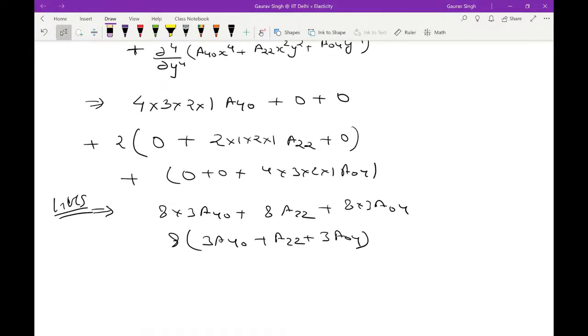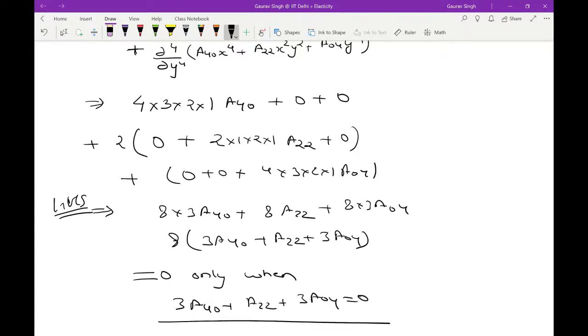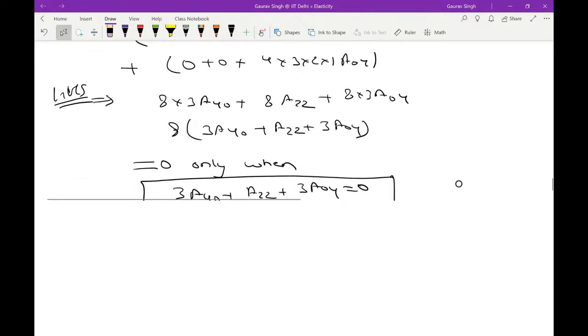Now the left hand side is equal to 0 only when 3A40 plus A22 plus 3A04 is equal to 0. If it is not equal to 0, then this left hand side will not be equal to 0, and hence it will not satisfy the Airy stress function.